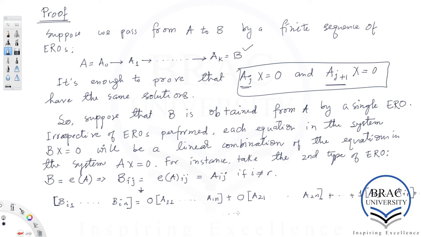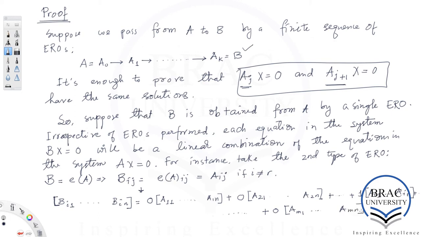plus finally one has 0 times the mth row of A, AM1 all the way up to AMN.